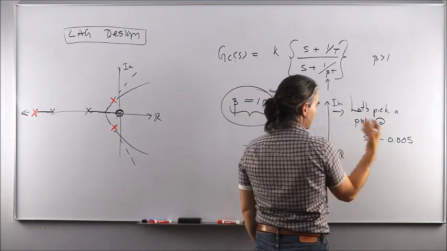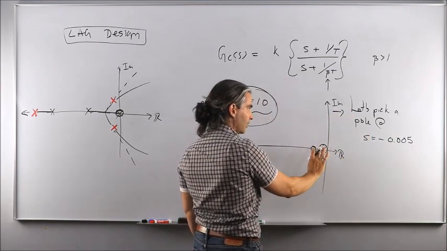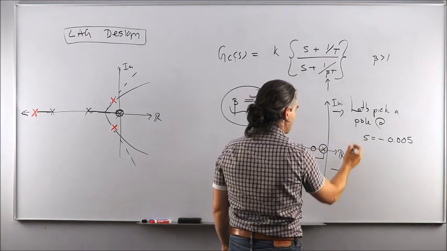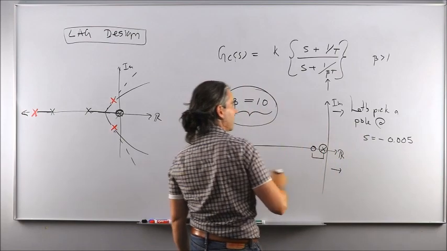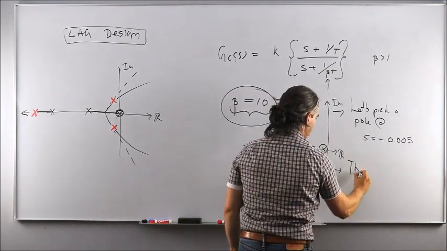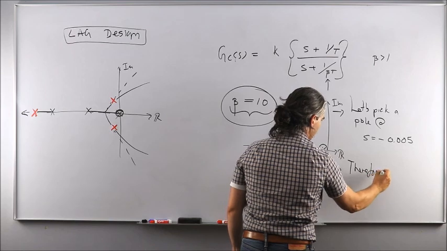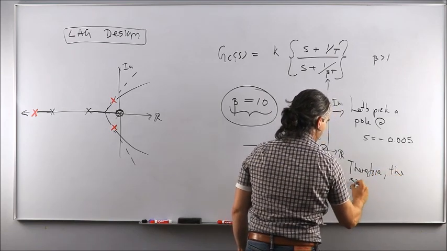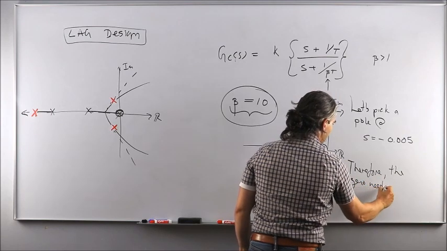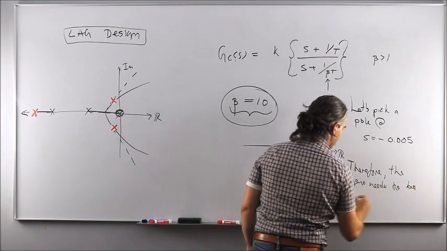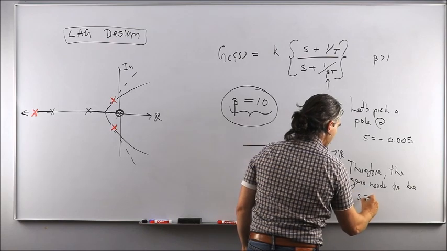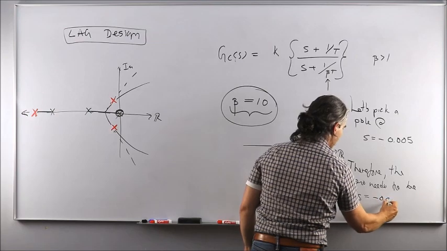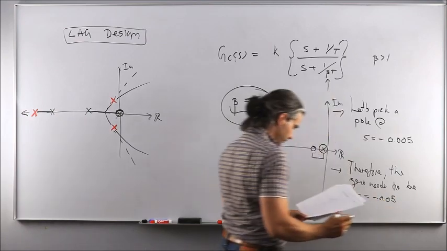And that's what I ended up picking arbitrarily, yet always close to the imaginary axis. That is the key thing. You have to ensure that the zero is 10 times further to the left. And therefore, the zero needs to be at s equal beta times this, so minus 0.05.